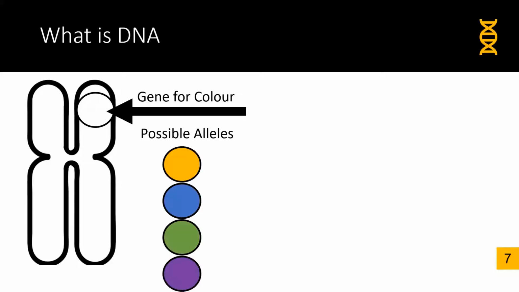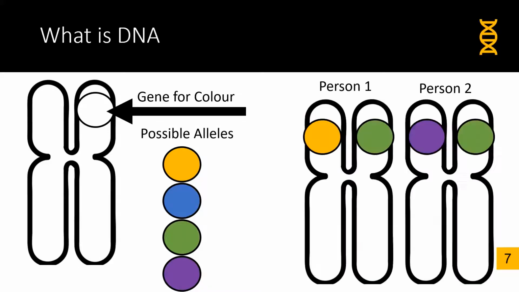For example, this is a gene of color, and it's found at a particular locus on a chromosome. This gene has various alleles that code for different colors, including yellow, blue, green, and purple. As you can see, person 1 and person 2 on the right of your screen have this gene, and person 1 has the alleles for yellow and green, while person 2 has the alleles for purple and green.